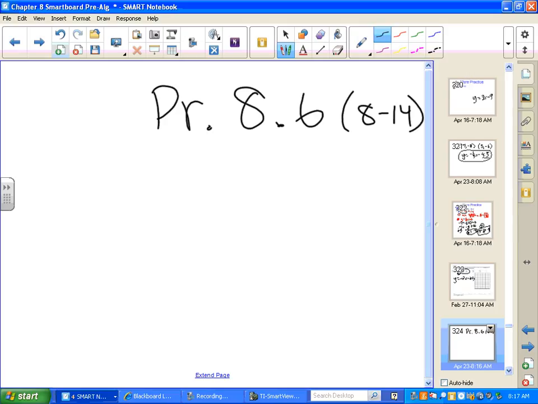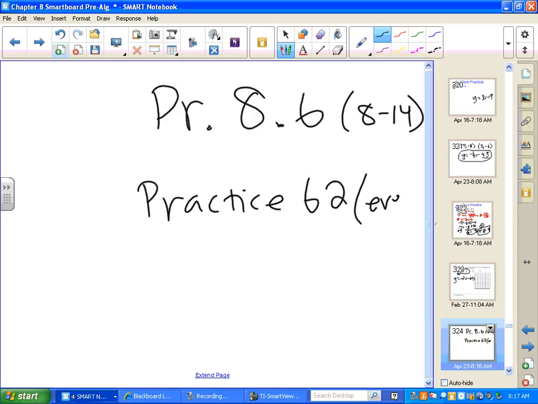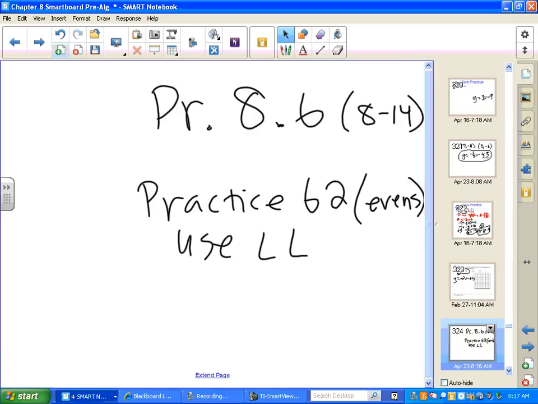And this is called practice 62, which I have to give you. Emma M, I will send it home with Emma H. I just want you guys to do the evens. Use another sheet of paper, so I'm going to put use loose leaf. There's loose leaf in the back of the room, Charles. So you guys have about 8 minutes to get started. Okay?